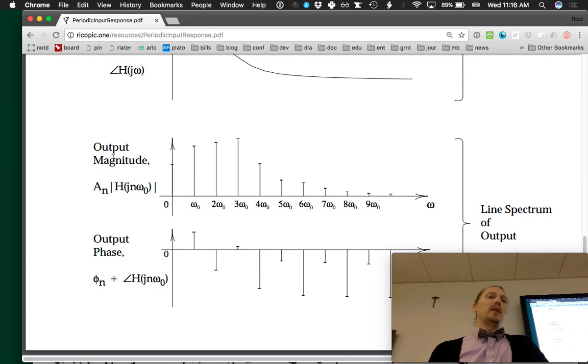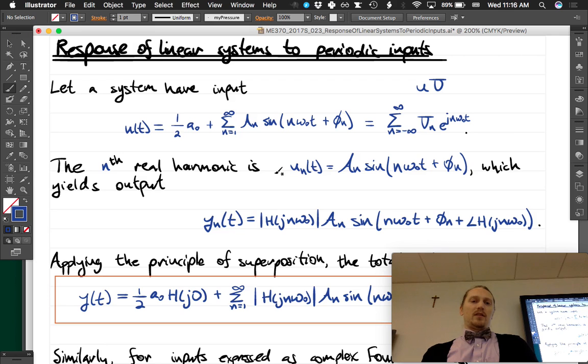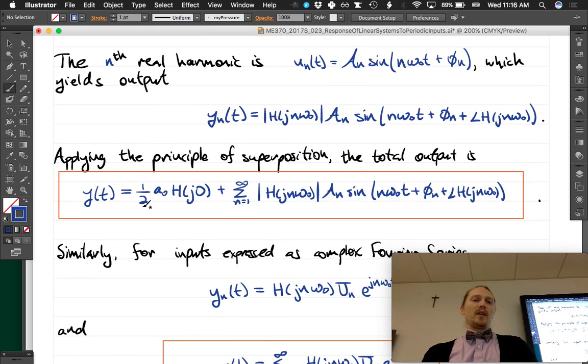So the output also has a line spectrum. If I was to show where that is, that's this box, right? The output is going to have a new magnitude and a new phase for each frequency. All it does is scale the magnitude and add to the phase.